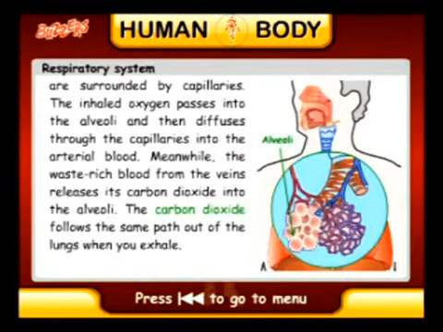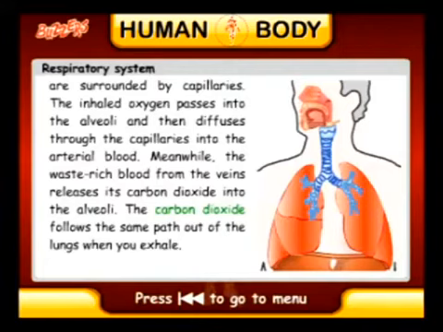The inhaled oxygen passes into the alveoli and then diffuses through the capillaries into the arterial blood. Meanwhile, the waste-rich blood from the veins releases its carbon dioxide into the alveoli. The carbon dioxide follows the same path out of the lungs when you exhale.